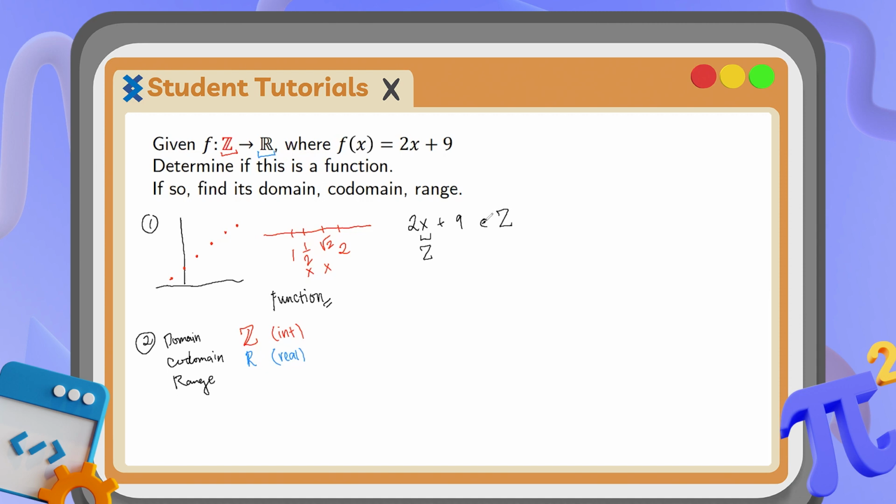Because if you have something like 2x plus 9, and x is an integer, it's not possible for you to generate something like pi, e, 1/2, square root of 3. It would not be possible at all. So with this, your output would be all integers.